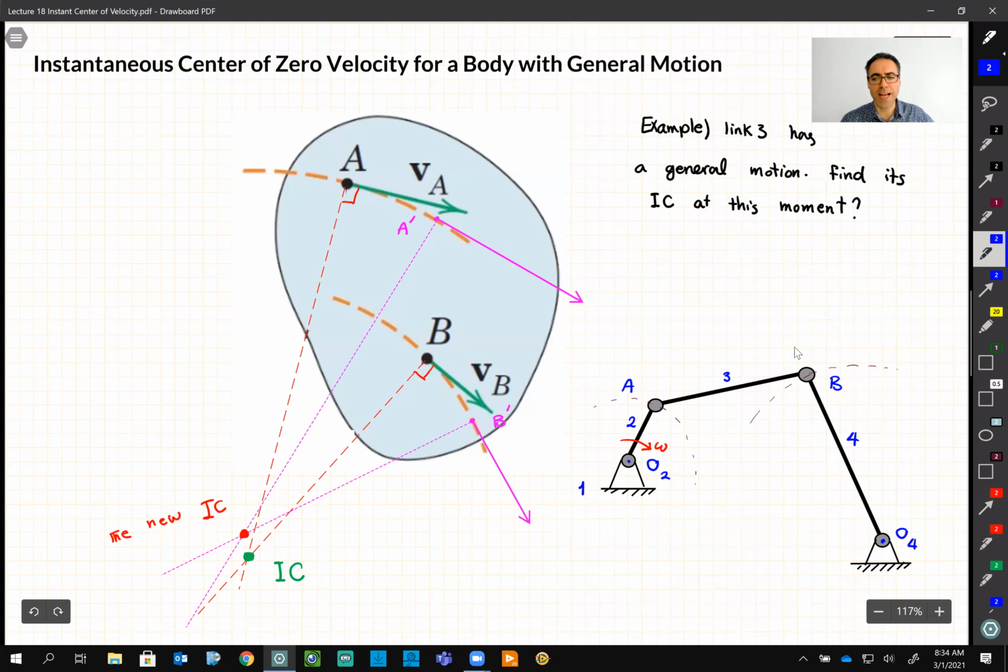So we have part AB. And we want to find out the instant center of velocity for this link 3. So if you could find the center of velocity for this link 3, I want you guys to try something.